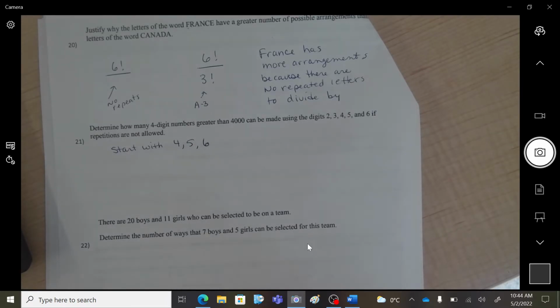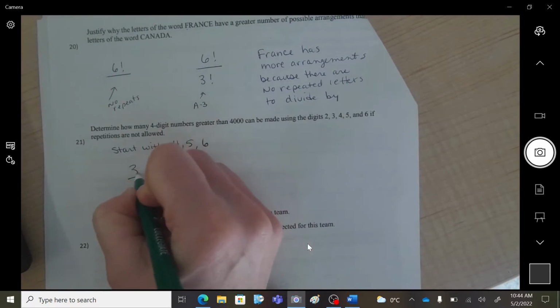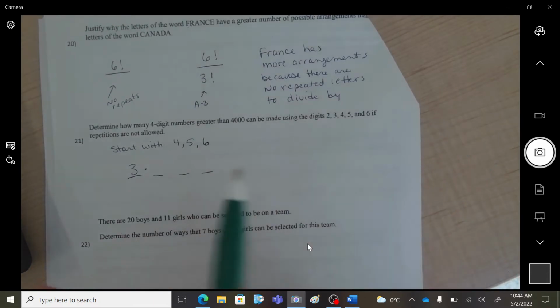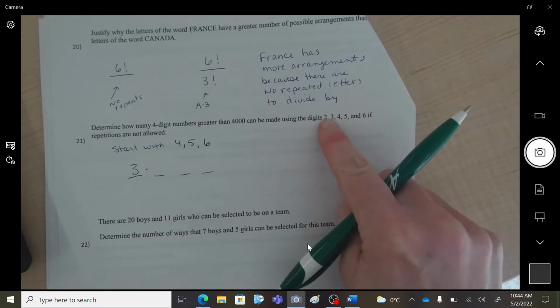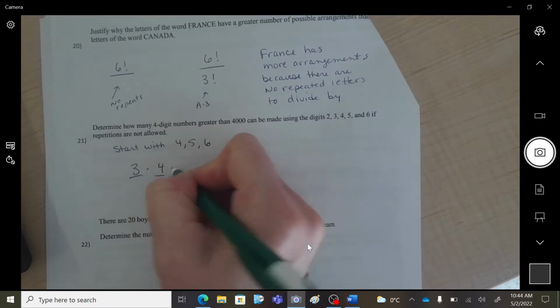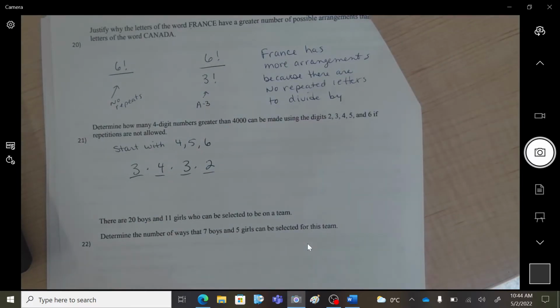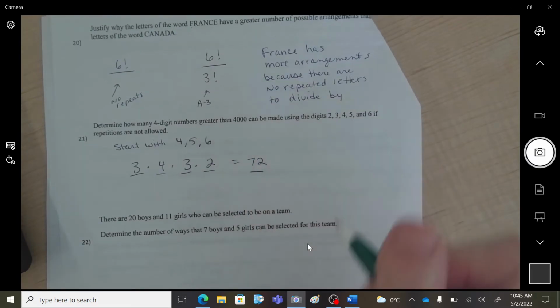Okay, so we have 3 options on how that could start. So we've used a digit, so let's pretend we used a 6. Now there would be only 4 digits, and then 3, and then 2 to pick from after that. So there's 72 options.